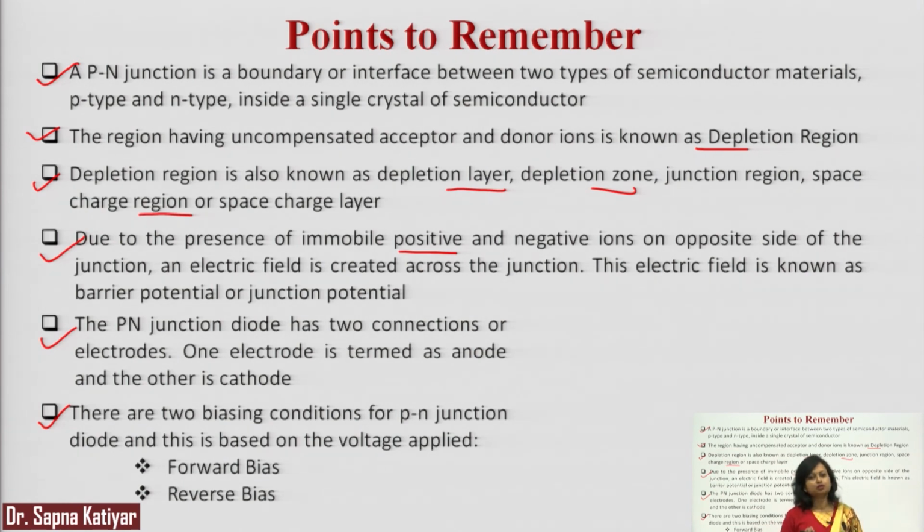Biasing is the addition of an external battery. If the P terminal is connected with the positive and N is connected with the negative, it means forward biasing. If P is connected with the negative and N is connected with the positive, it means reverse bias. So, this is how two types of biasing are possible. You must remember all of these points, these are very important.